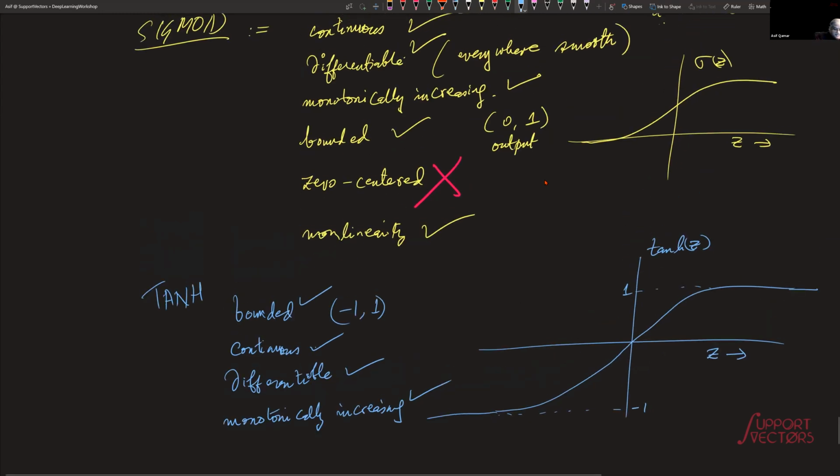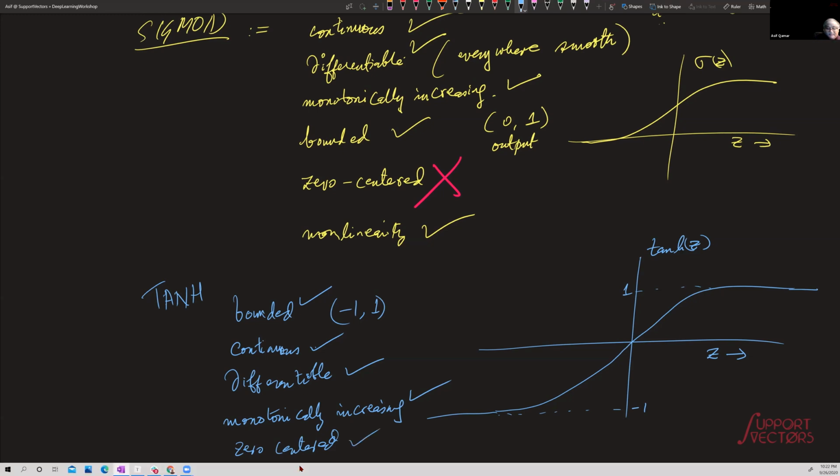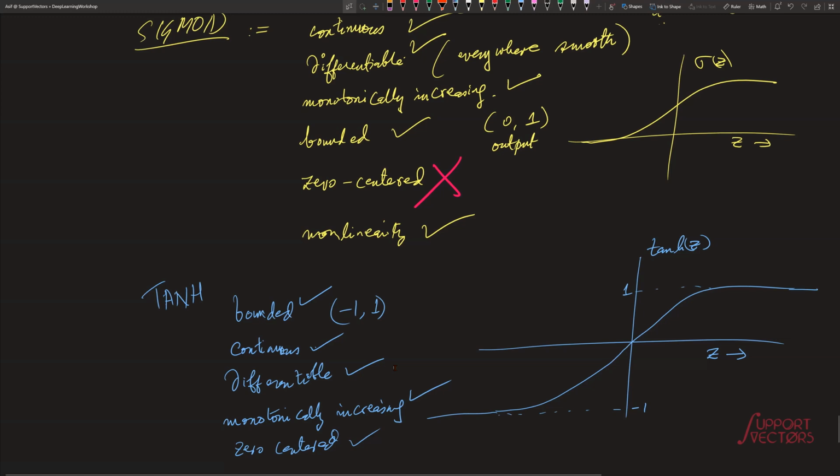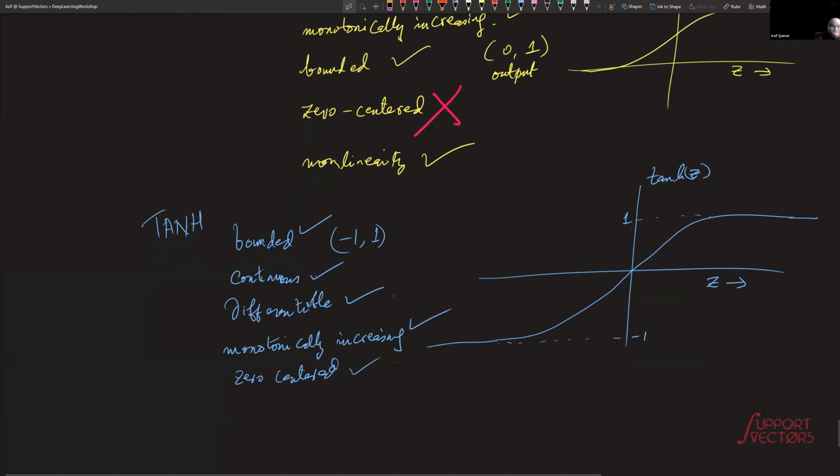Is it zero-centered? Yes, it has both positive and negative values, which is a big deal. A sigmoid wasn't. And is it nonlinear? Yes, it is nonlinear too.